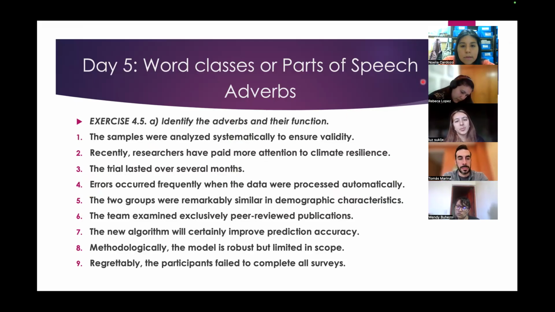There are 2 adverbs in this sentence. Frequently is modifying the verb occurred. How frequent was it? Frequently. When the data was processed, how was it processed? Automatically. So in this sentence, you have 2 different adverbs which are modifying 2 different verbs.